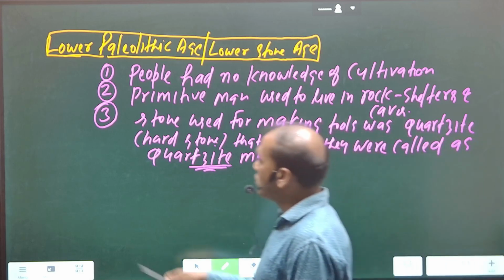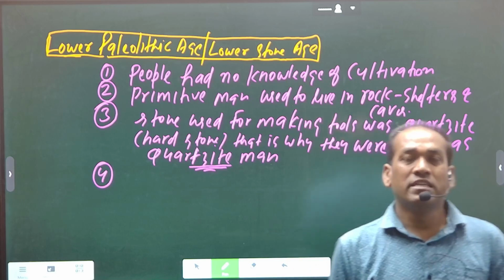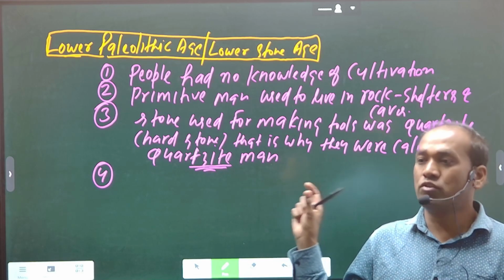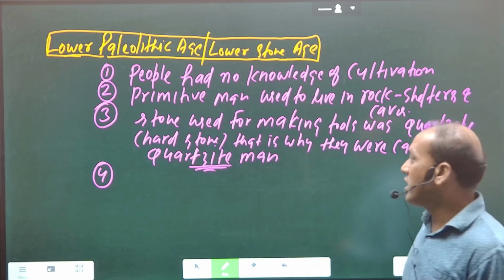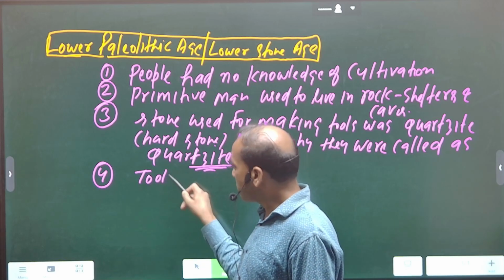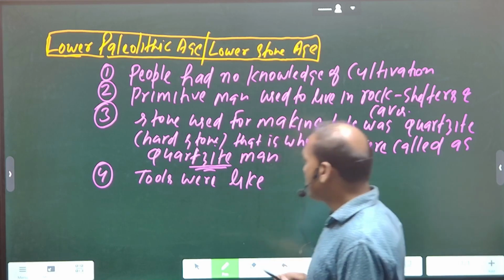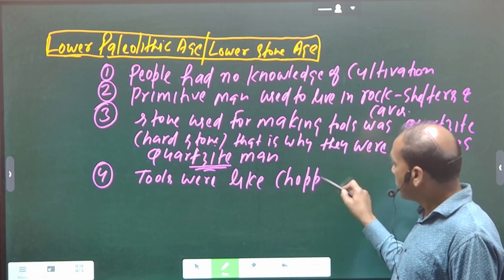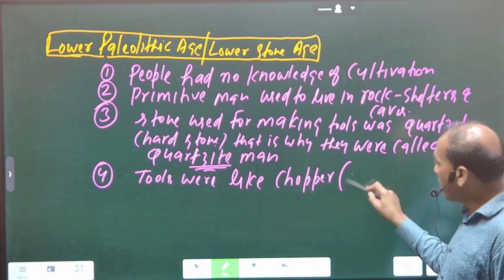Okay, now the fourth point you can write here. Okay, the name of the tools used by these people for hunting and gathering. Okay, so the tools were like chopper, chopper was used for chopping.